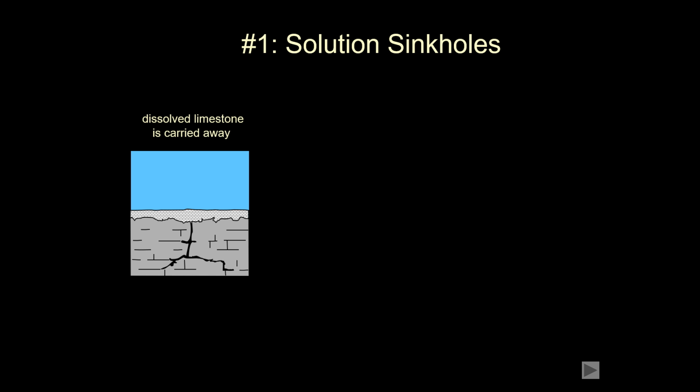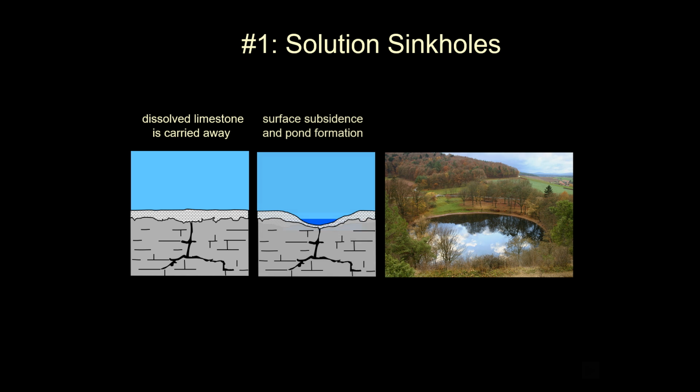Often that comes from water coming in contact with vegetation. So we have just water with a very low amount of acidic content that removes some limestone and leaves a depression. So quite often you can see small ponds will fill these places where you have some limestone that's been removed. So solution sinkholes are oftentimes represented by ponds on the landscape.